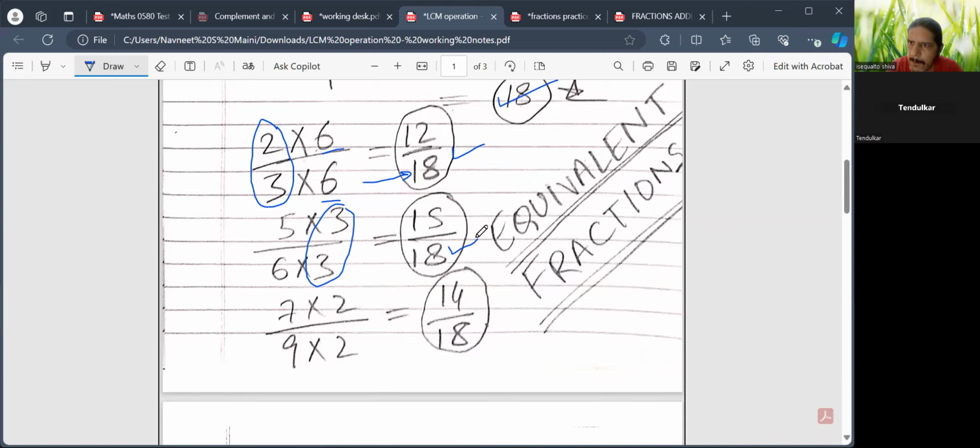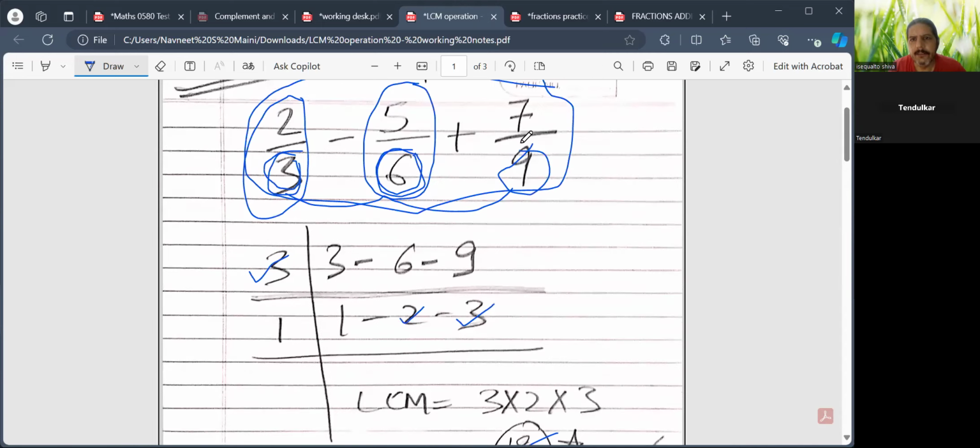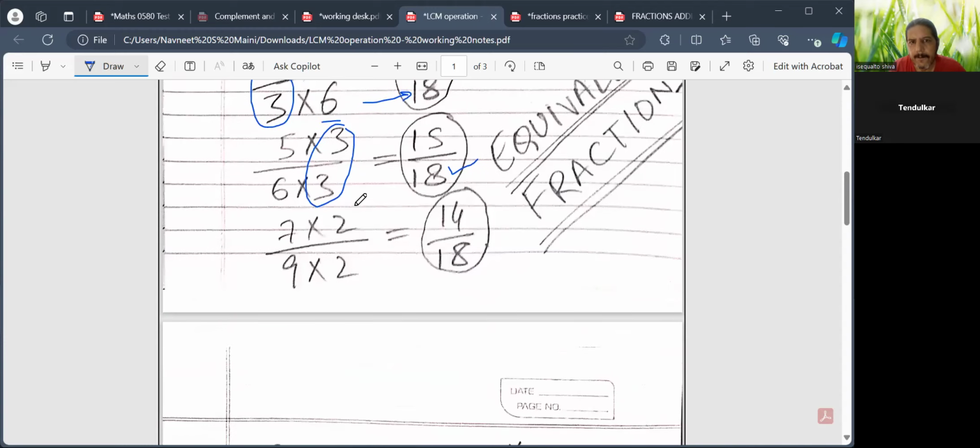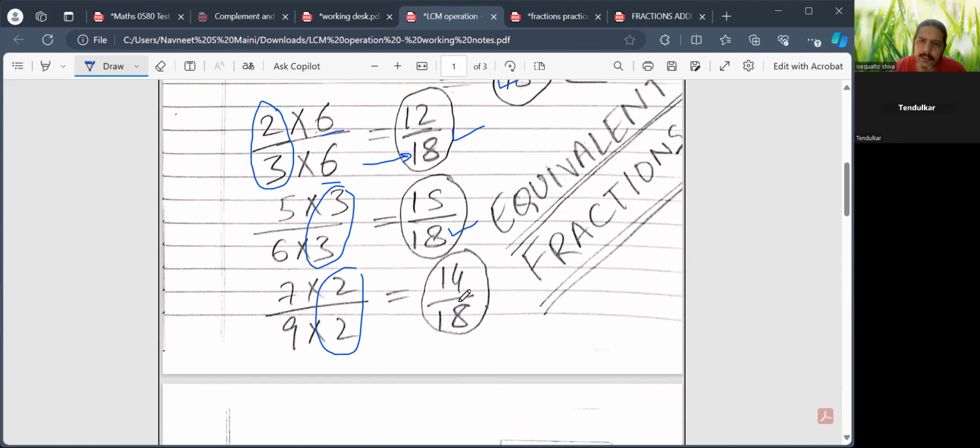Similarly, I'll take the third term, 7 by 9. I'll try to reduce this denominator to 18. How can I do that? I have to multiply by the same number in the numerator as well as the denominator. I'm more worried about the denominator, which should be the same as the LCM. Any doubt till here? No.